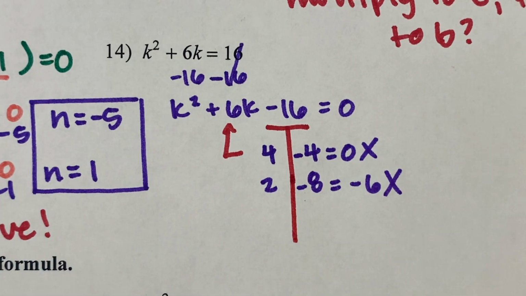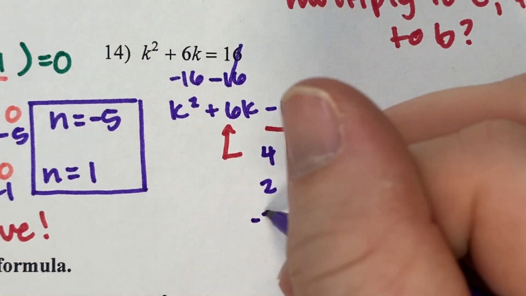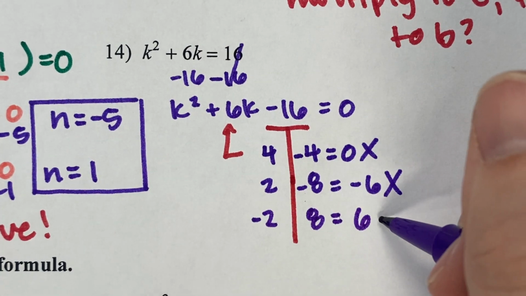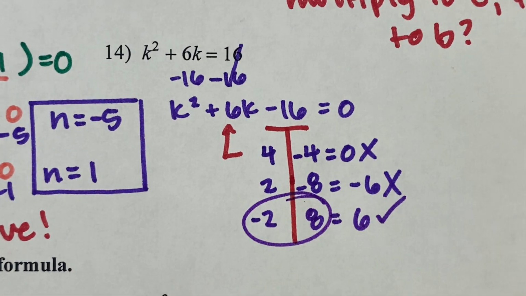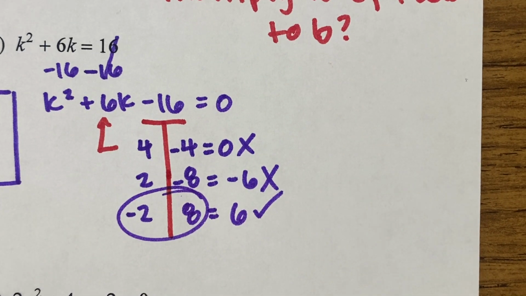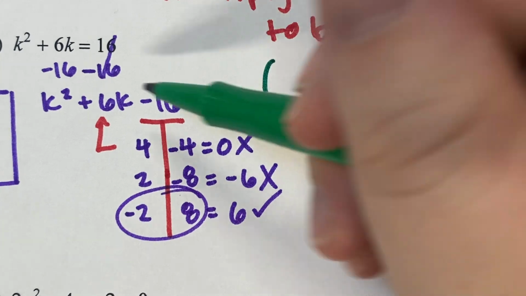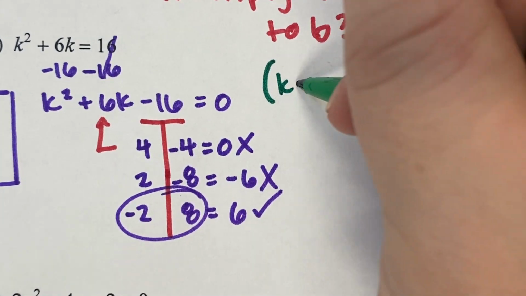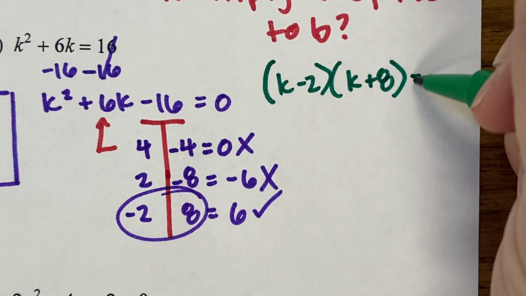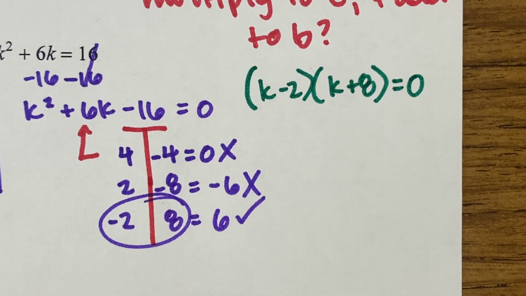So maybe let's try negative 2 and positive 8. That adds to positive 6, so we found our two numbers. Once we find our two numbers, put it in factored form. So this time it's k minus 2, and k plus 8. Now here's where it's different. They equal 0.